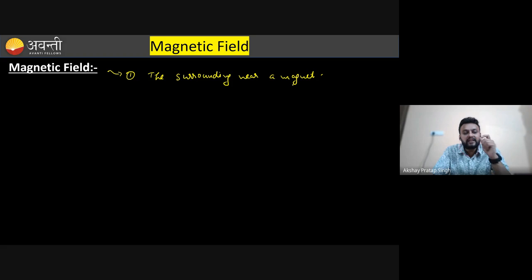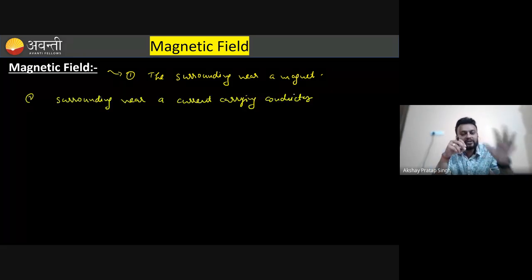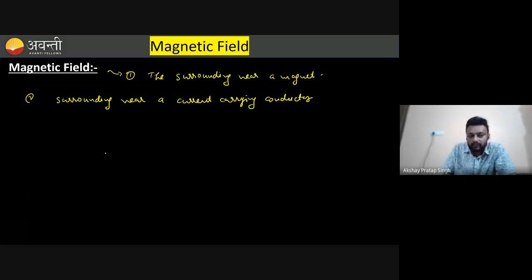So, second point is, I will say, surroundings near a current carrying conductor. Now, what is the specialty of a current carrying conductor? It contains moving charges. So, can I conclude one more thing? Surroundings near a moving charge.